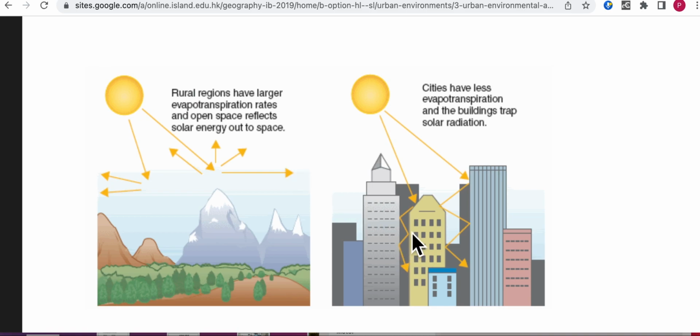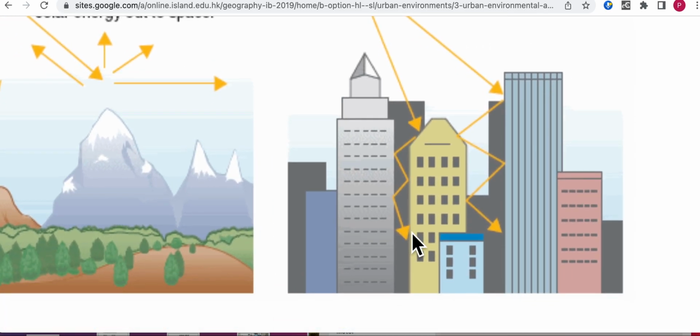Zooming in even closer on this image, you can see that there is that complexity. Some of the surfaces of urban buildings, particularly modern day skyscrapers, can be highly reflective. If the building is made out of steel and glass, you have that high level of reflectivity. So as we said in previous videos, you do get that reflection, you do get that bouncing around.